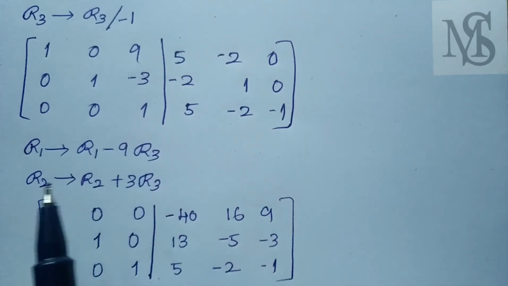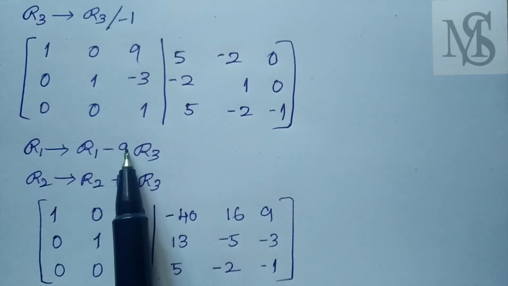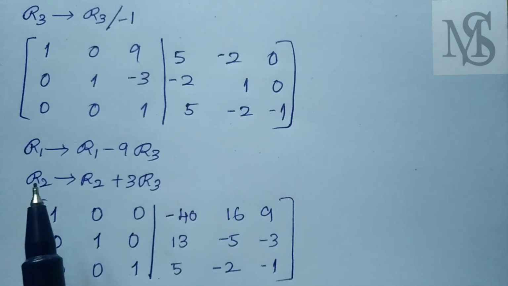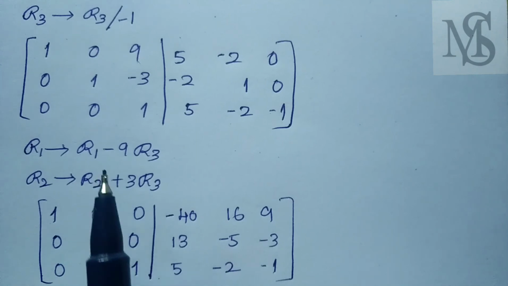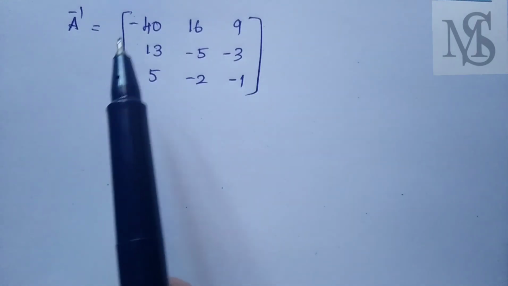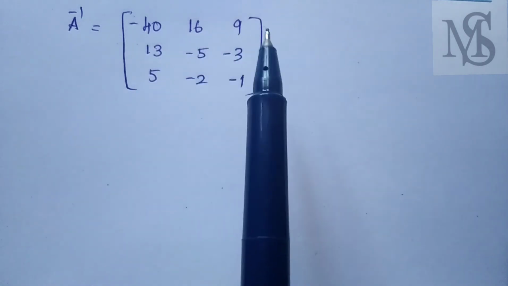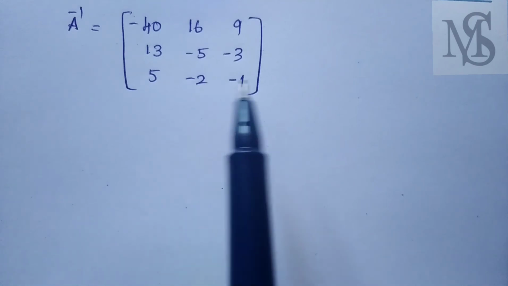So we are taking 2 rules. R1 tends to R1 minus 9 into R3 and R2 tends to R2 plus 3 into R3. If you apply these to this matrix, we get an identity matrix, and the identity matrix has changed into a new matrix. This is known as A inverse. A inverse is equal to minus 40, 16, 9, 13, minus 5, minus 3, 5, minus 2 and minus 1.